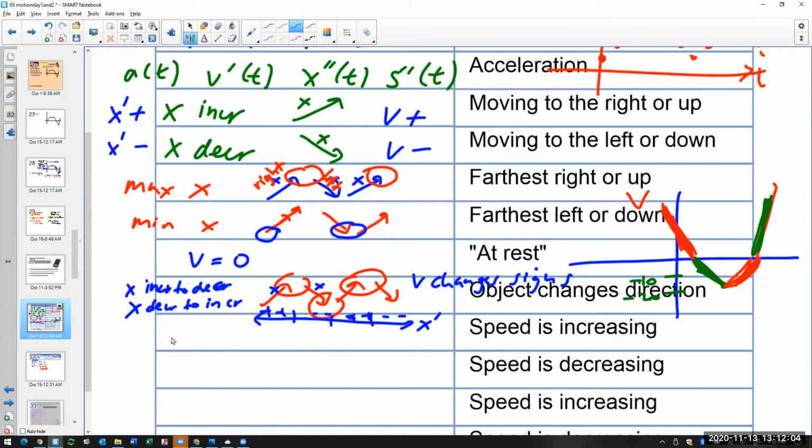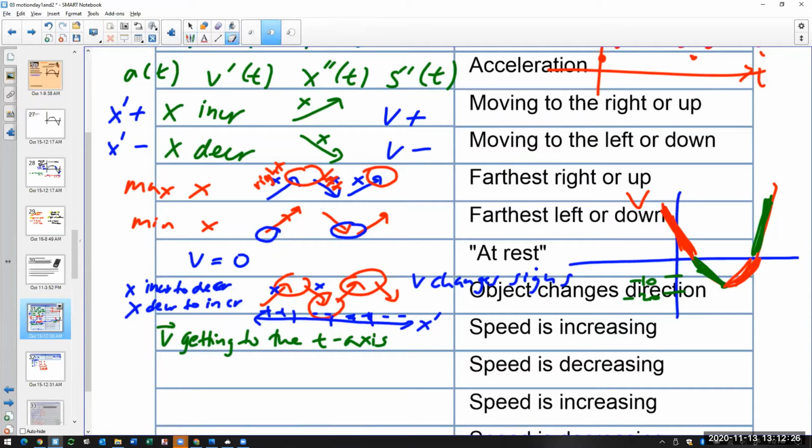So speed is increasing, and we talked about this yesterday, I think. I don't know if we did. When velocity is getting closer to the x-axis, and you can call it the x-axis, it's technically the t-axis, because it's time here. Oh, did I do it wrong? Oh, yes, you're right.